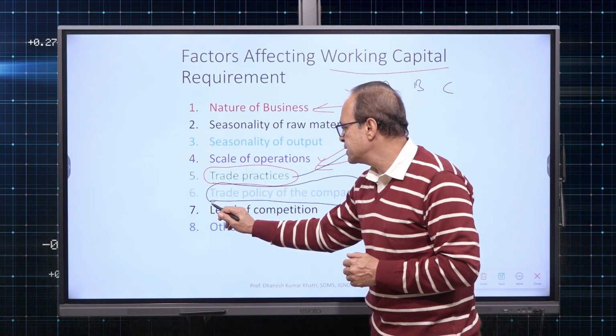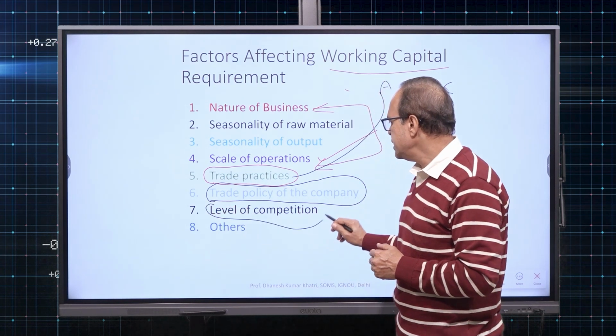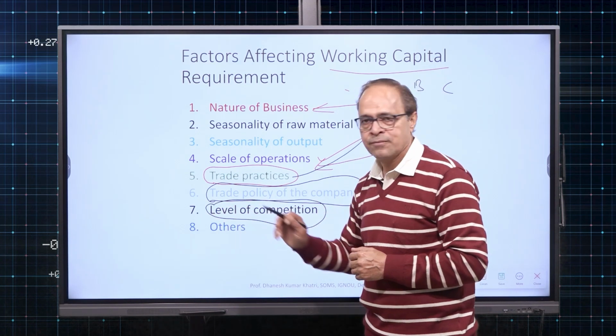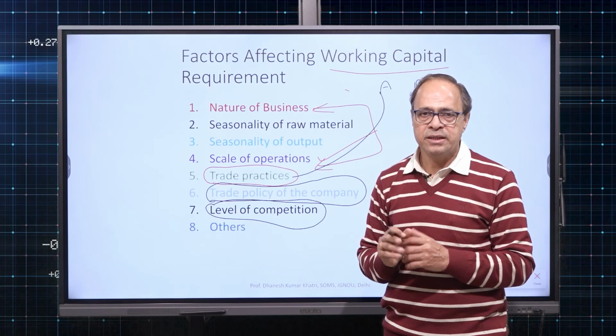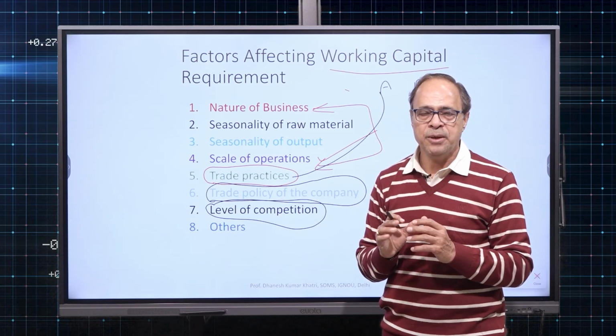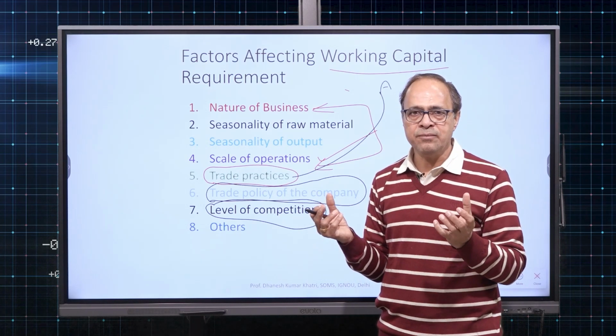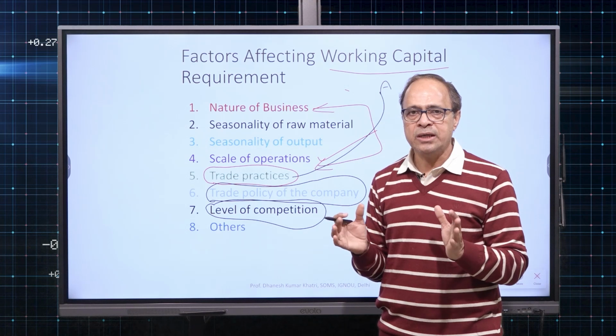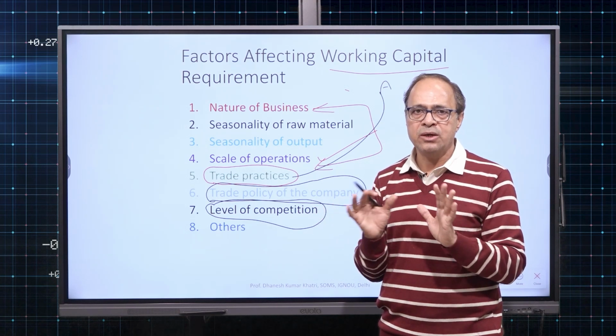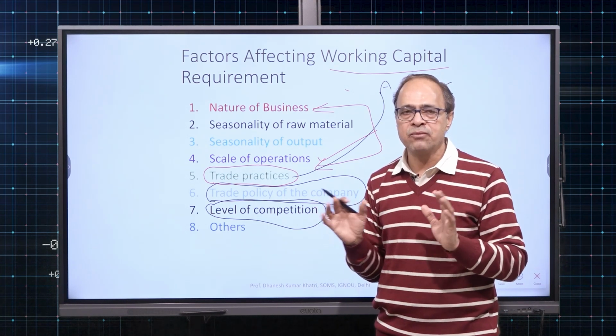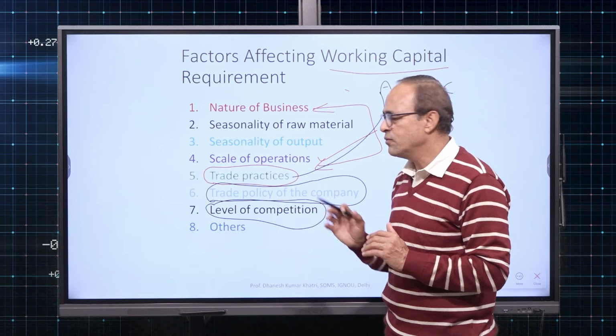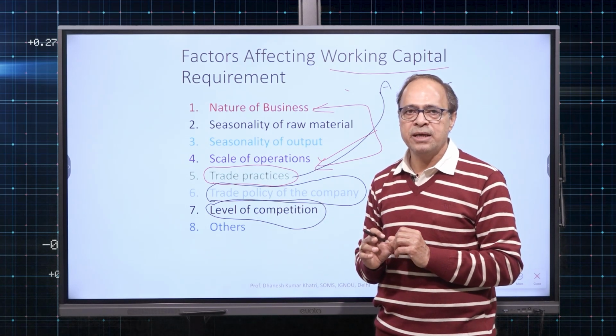Then level of competition. In an industry there is no competition. If there is no competition, then definitely people might say, okay, I am the king, I am the only seller, whatever credit I give, I will give it, I will not be a liberal one. In that case, your investment in receivables will be less.